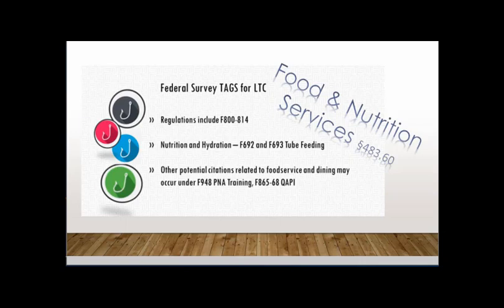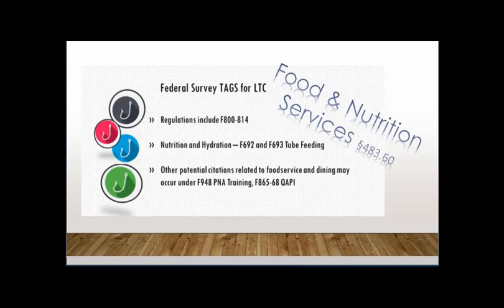But like I said before, it threads throughout other areas. We might be looking at nutrition and hydration, which falls under F692, a tag under quality of care. Same with tube feedings, which come under 693, also quality of care. So that comes into another regulatory grouping.